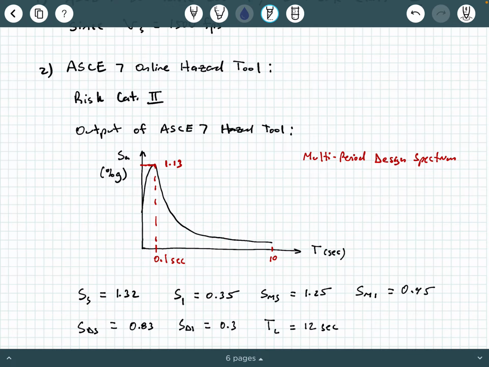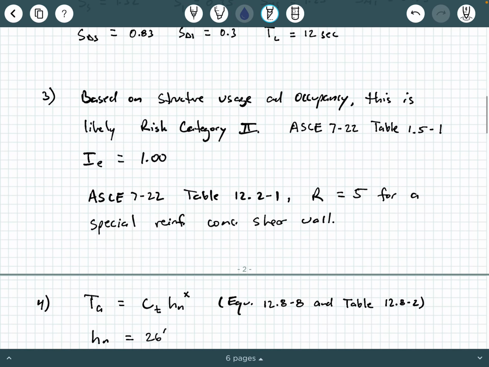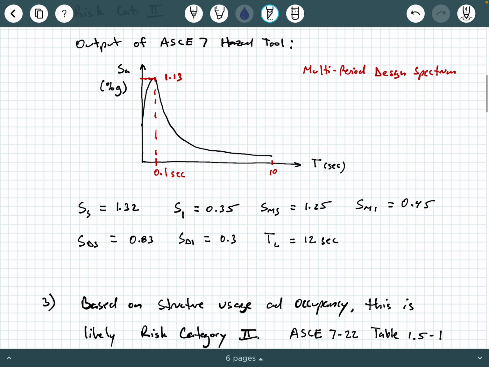And what did we just calculate? 0.23, all right? So we start around here, 0.23, and we move up and we hit the response spectra somewhere on that curve and we move over, okay?